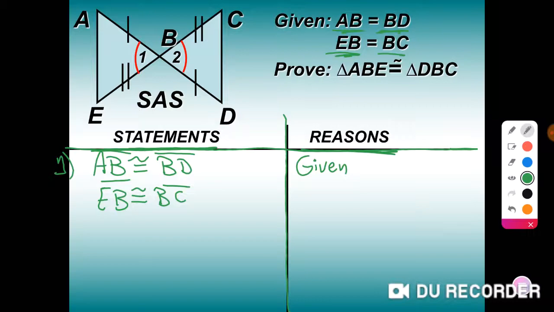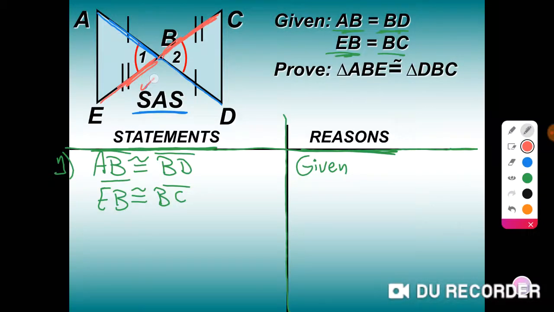So, here I need to check my plan. I need to use SAS. So, I need to prove that one side from the first triangle is congruent to one side. And actually, we didn't have to prove that because this information is already given, okay? So, here we have AB is congruent to BD, and I wrote it, okay? And then the second piece of information is that AB is congruent to BC, and we wrote it.